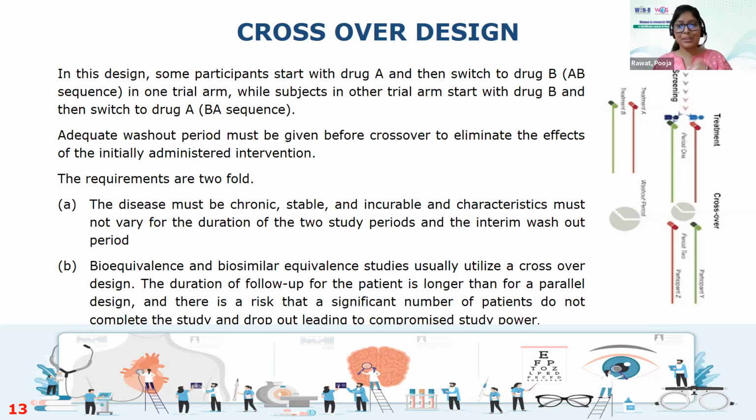So as per that, you have to give them that time. If I have given 30 days, the washout period will be 30 days. After 30 days, the subject with the red drug will start getting the green drug, and the subject who was getting the green drug will start the regimen with the red one. So this is the crossover design.